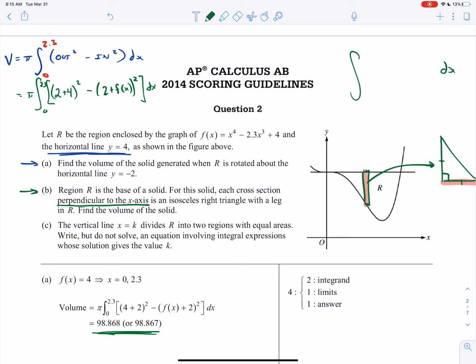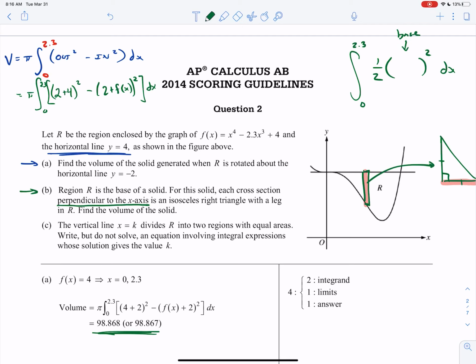First thing you want to do is, we know we're going to go from 0 to 2.3, because that's where the region starts. There's not going to be any pi involved here because there is no circular region, and we're not revolving. So the area of an isosceles triangle is 1/2 base squared.